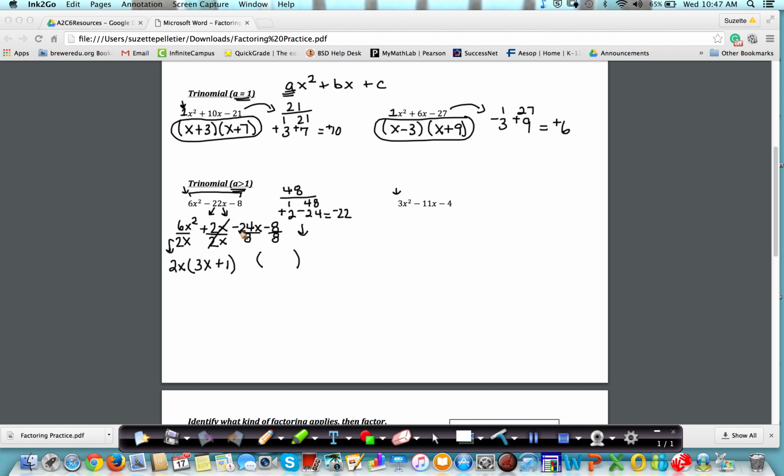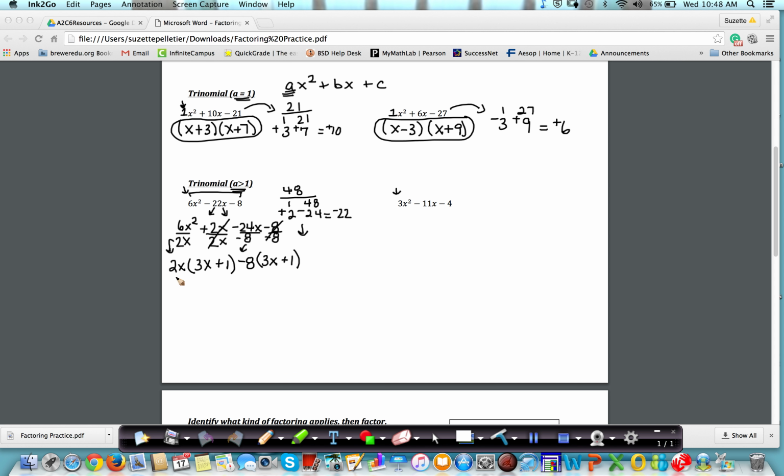But you'll notice if I do negative 24 divided by 8, I get negative 3x. And if I do negative 8 divided by positive 8, I get negative 1. So in order to change those both to positives, I need to divide by negative 8. So that's my greatest common factor, negative 8. And then I get 3x plus 1. Anything divided by itself is 1, so I get a 1 right here.